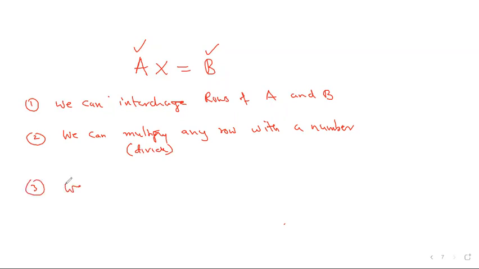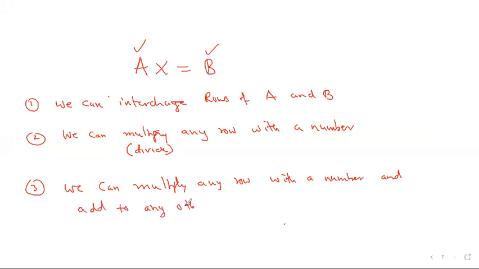Third, we can multiply any row with a number and add to any other row of A and B. Here also of A and B. These are the 3 operations. You can't multiply 2 rows, sir. You can't divide 2 rows. Only 3 operations we can do.